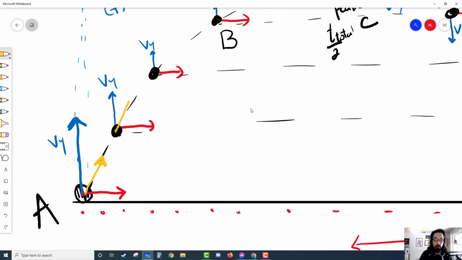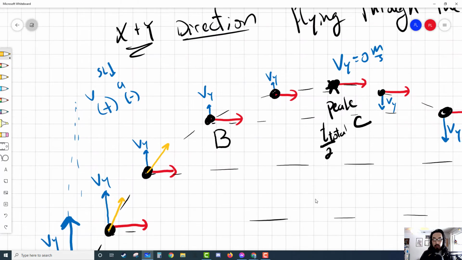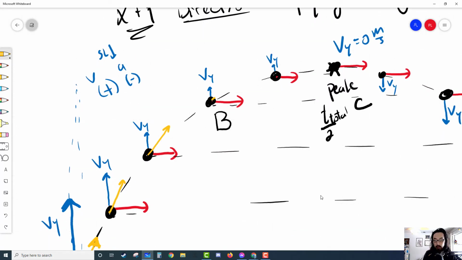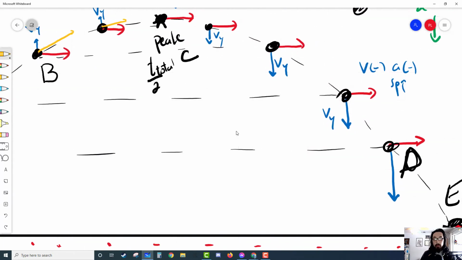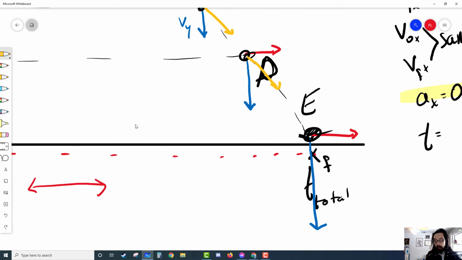At the top, it is tangent to the path, and as it's going down, it's tangent to the path at each point, and at the end it is still moving down and to the right, so tangent to the path.